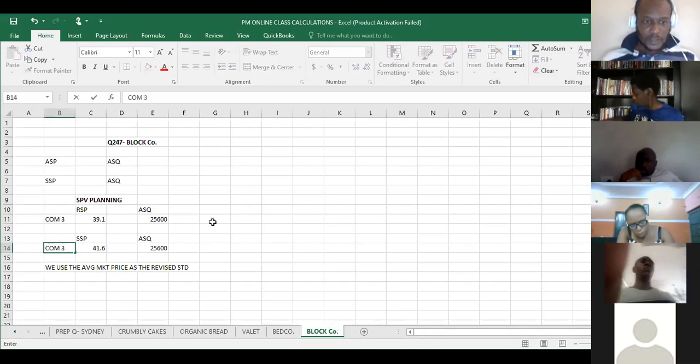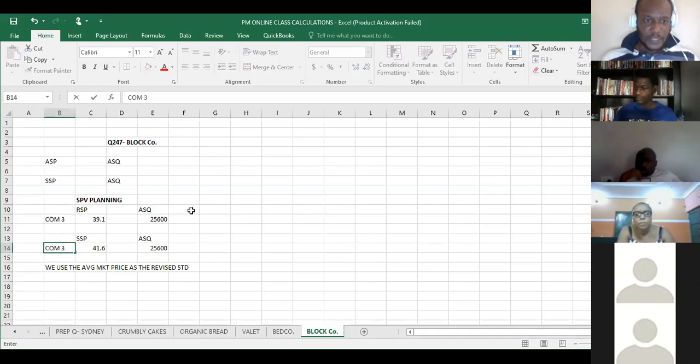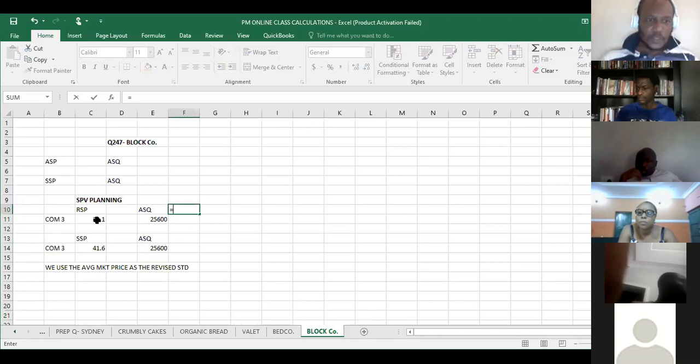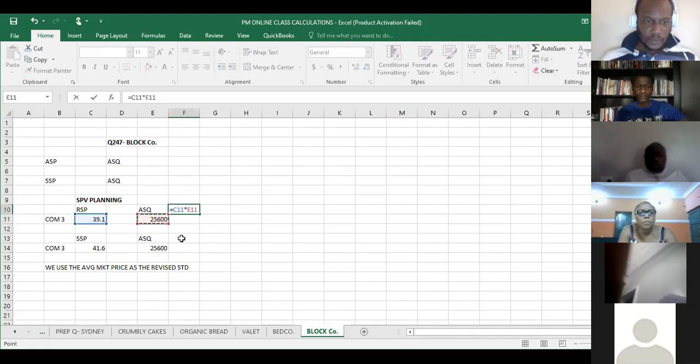So that's the simplest 4 marks in the exam. That is equal to that multiplied by that, gives us a figure.